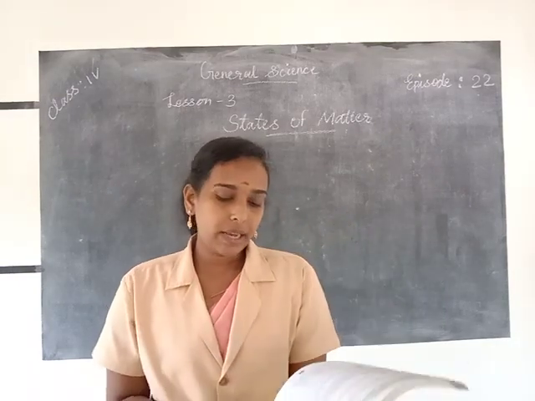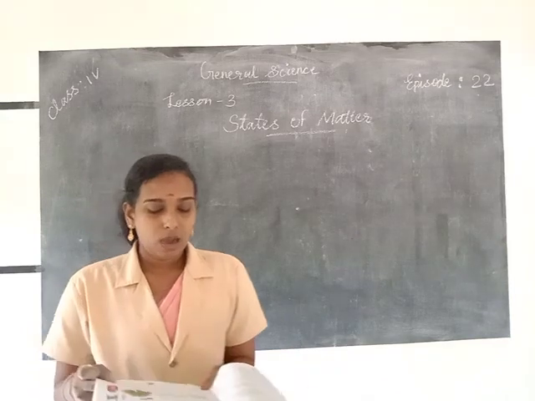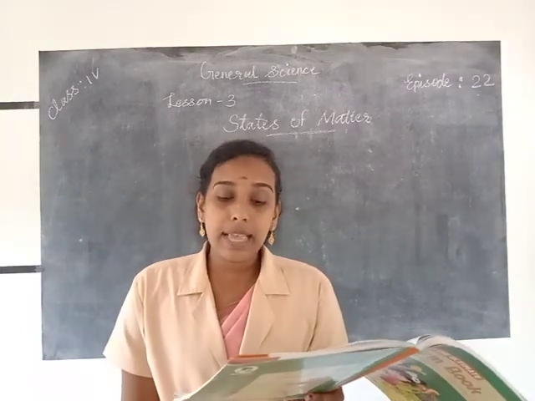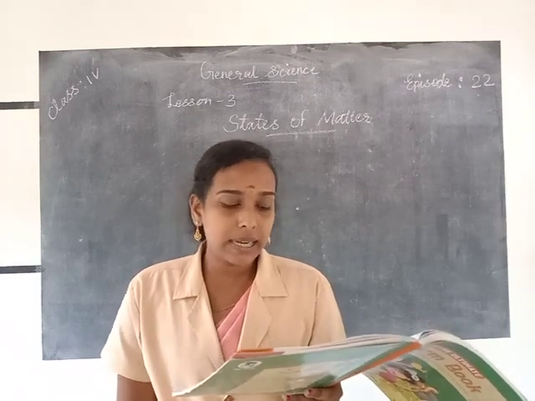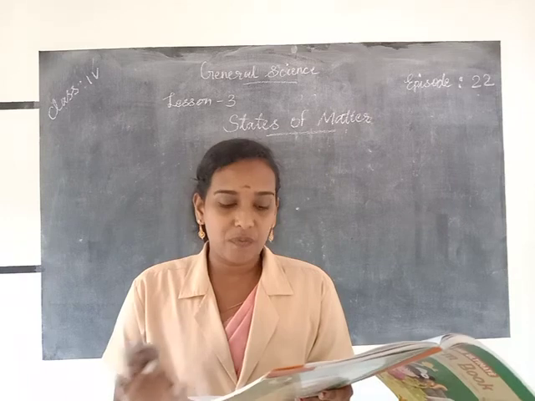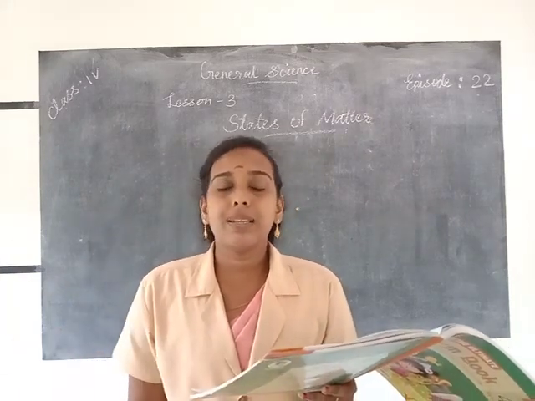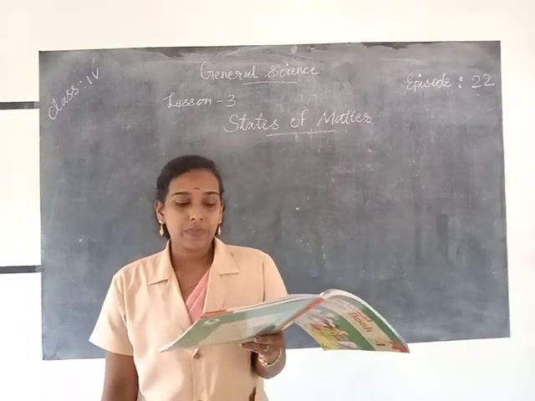Okay. Then what makes up matter? All matter we see around us is in itself made up of very small and tiny particles that are not visible to us. We cannot see the particles present in the matter. They are invisible particles.